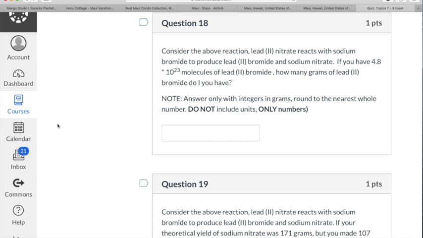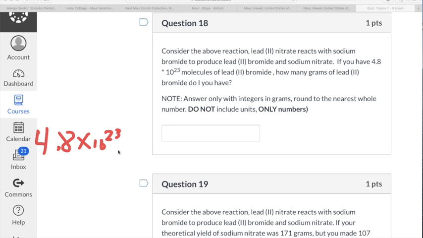Remember, you always start with what you have. So I have 4.8 times 10 to the 23rd particles of lead bromide, PbBr2, right? Bromide's 2? Yes, it is.